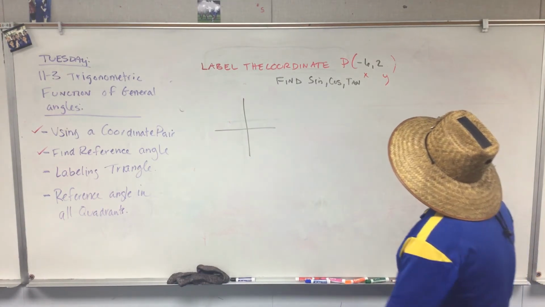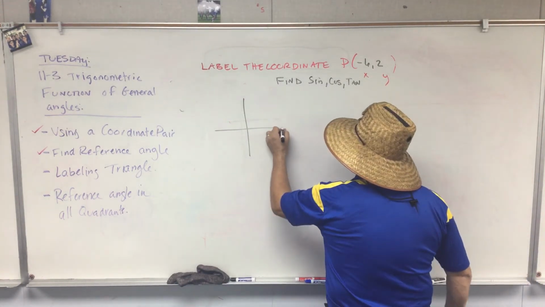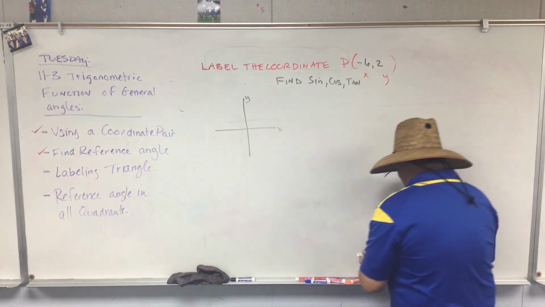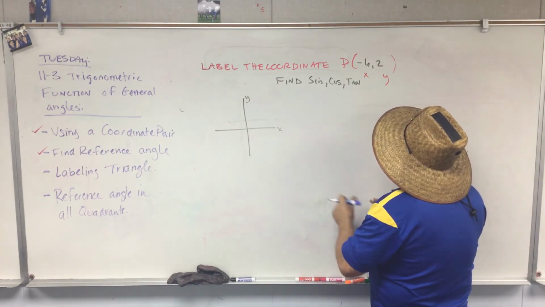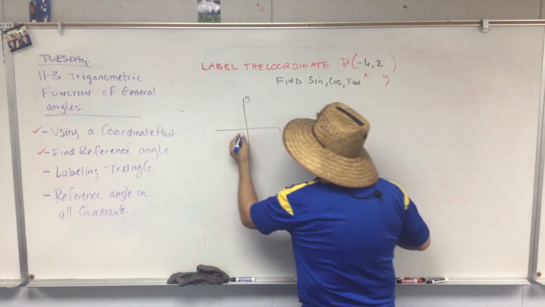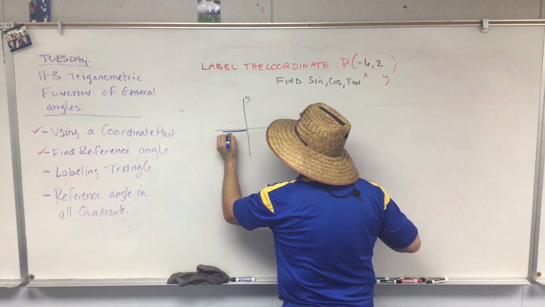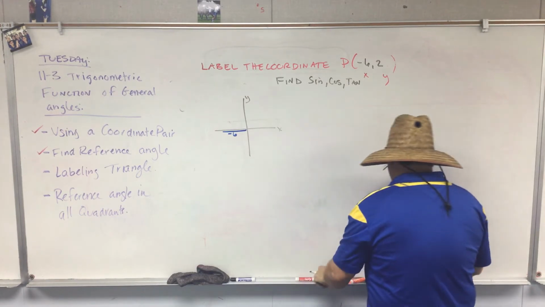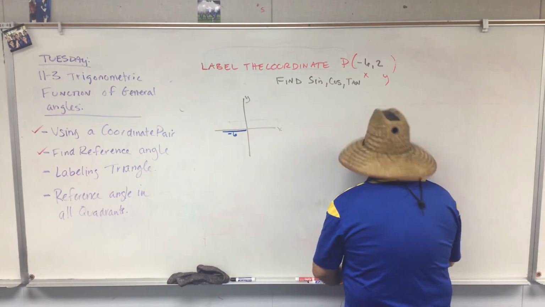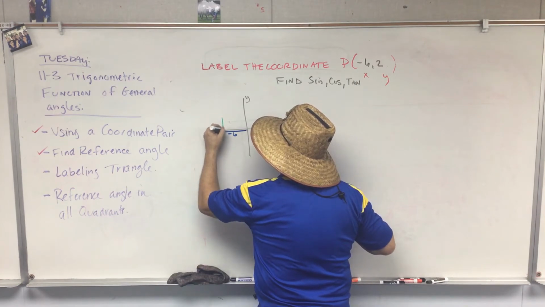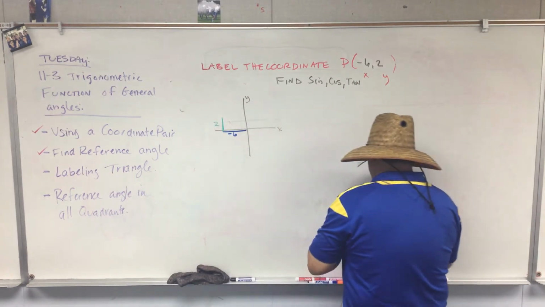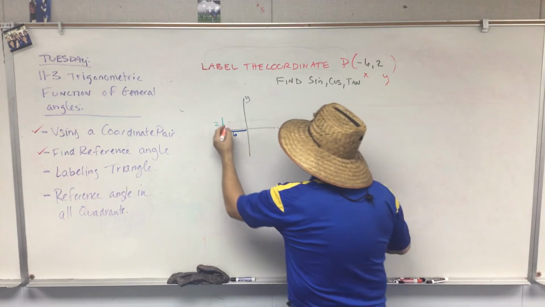So always draw in our graphing piece. We're going to draw our x-axis, our y-axis. We are going to go x value to the left, -6. We're going to go y value up 2, and we don't know what our r is.